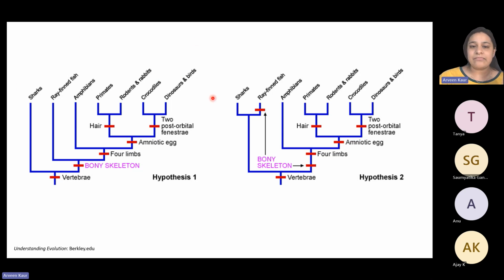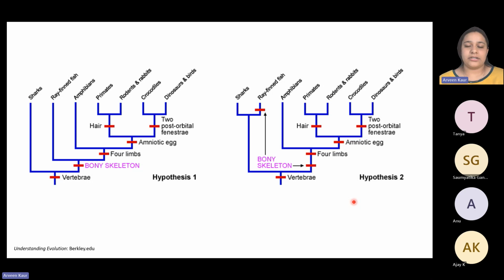So these 7 have been plotted on this particular phylogenetic tree based on whether or not they are related to one another and how closely they are related to one another, right? So the hypothesis 1 basically looks like, if you see, the basic arrangement of them is the same, right? The order of arrangement from sharks to dinosaurs and birds is the same in the first hypothesis as well as the second hypothesis. So that is just the case in this particular tree, right?